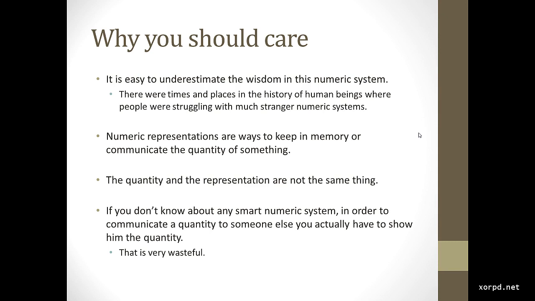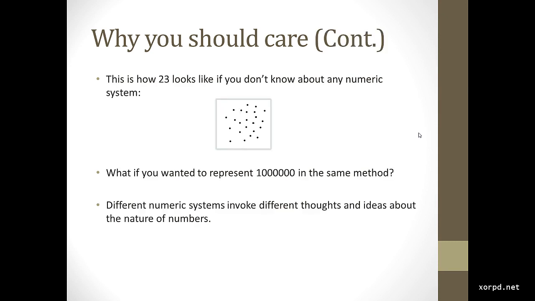If you wanted to tell somebody else that you have lots of stones, and you didn't know about any smart numeric system, you would just have to carry the stones to his place and show him the pack of stones, the set of stones. But if you and he both know about some smart numeric system, you could just write the amount on a piece of paper and show him the amount, and then he understands. For example, this is how 23 looks if you don't know about any numeric system. We can just see 23 objects.